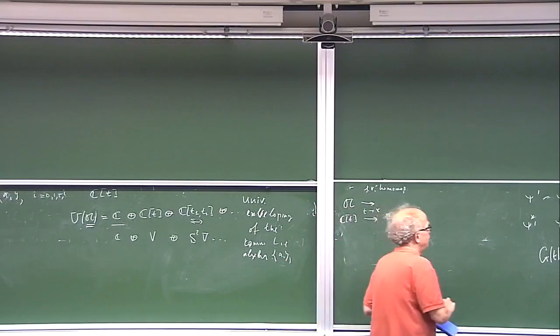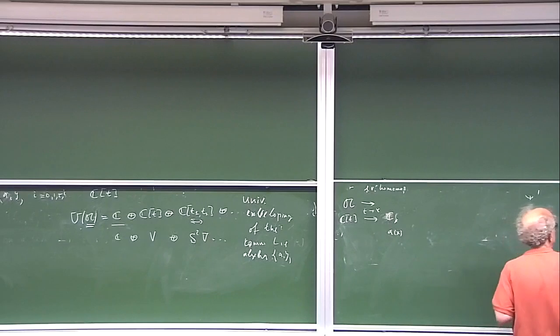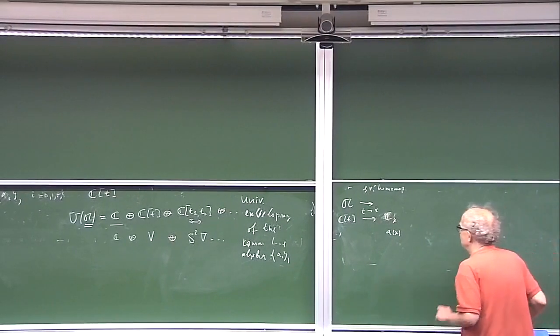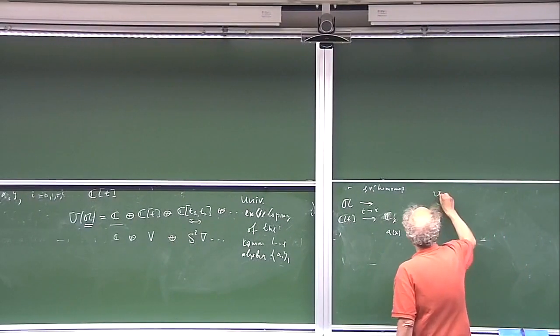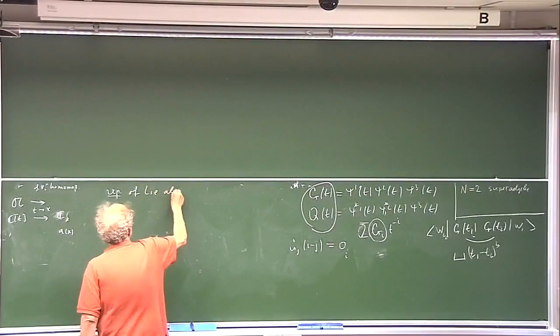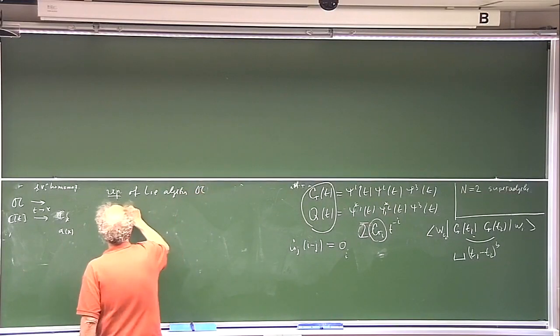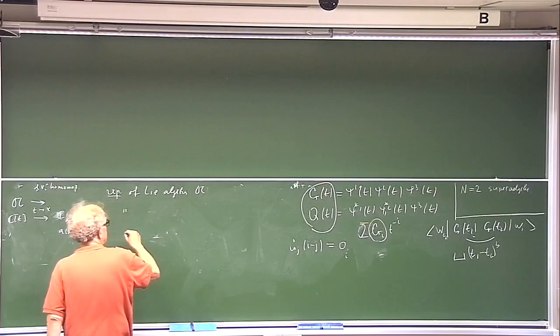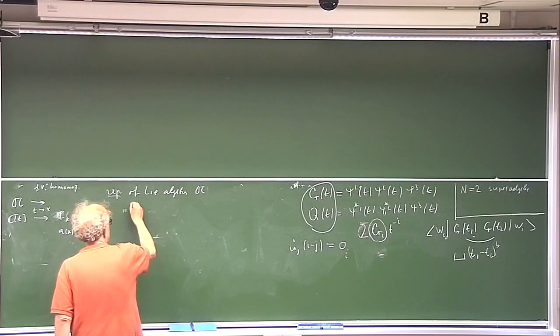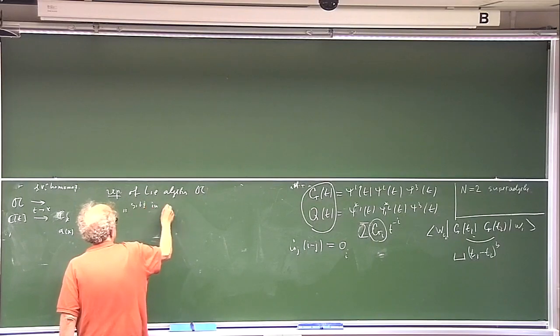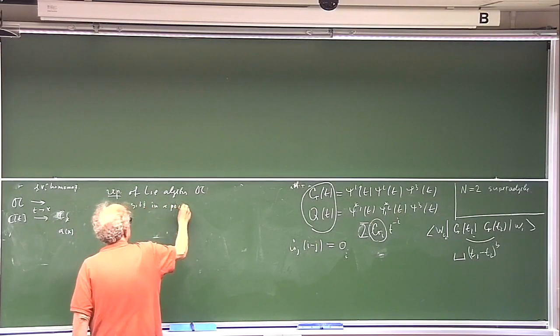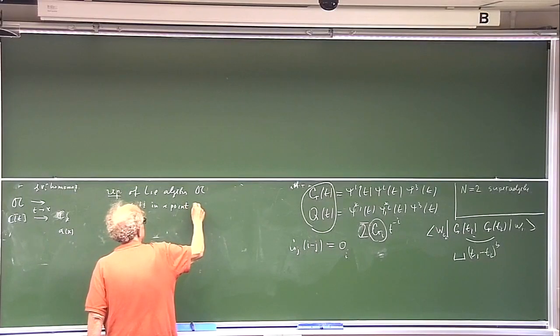Well, therefore, we have the conception of a representation of the Lie algebra that I will call sitting in a point x.